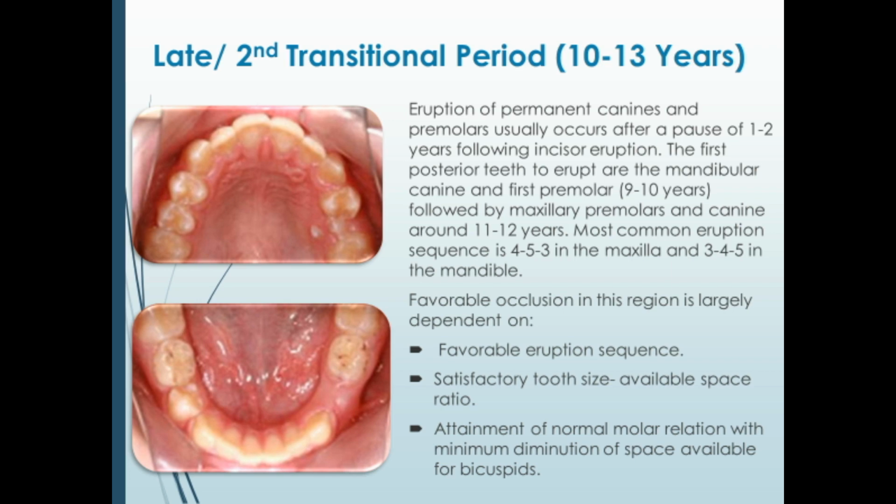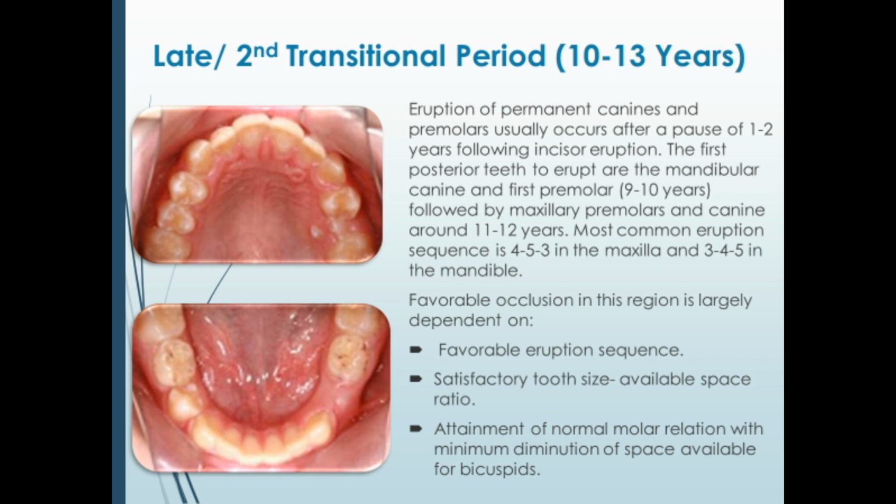This is because the erupting premolars are significantly smaller in mesial-distal dimension than the primary molars which they replace. Thus, major changes in occlusion are observed during the premolar emergence.